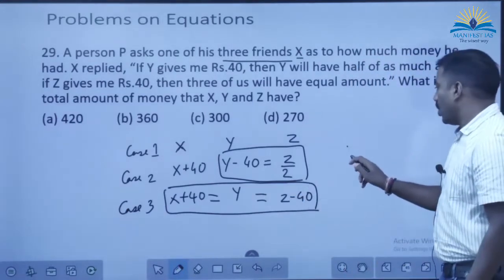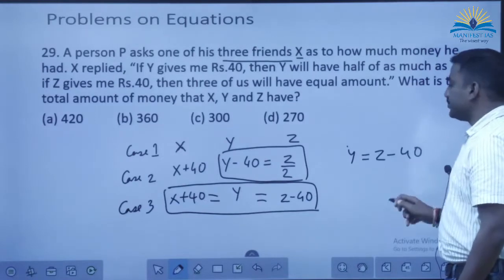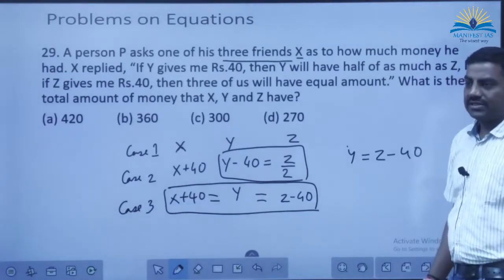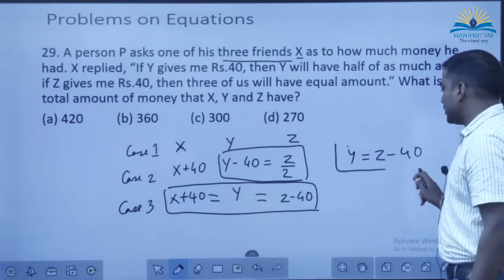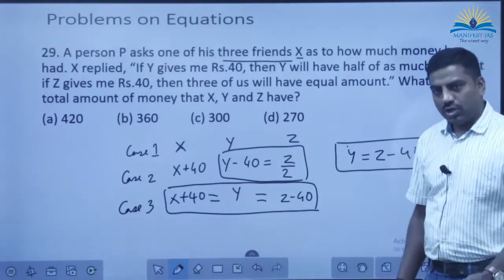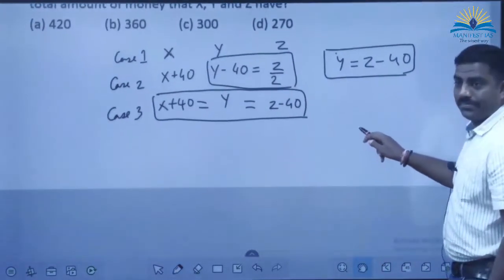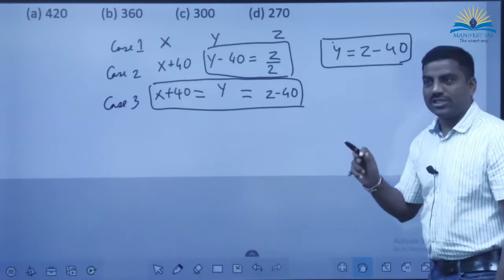What is that? Y is equal to z minus 40. These 2 equations, now 2 equations in 2 variables. Can we solve? Solve. I'm not going to teach you this, okay? There are 2 methods. One is the substitution method.